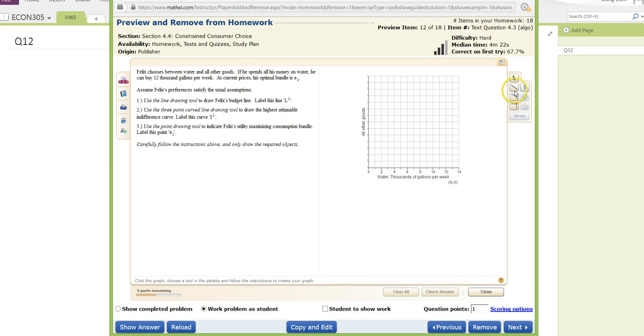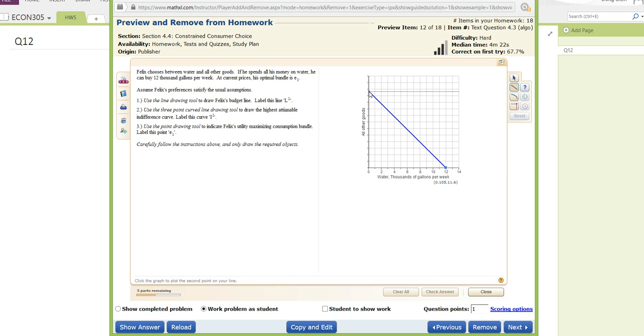So we can pinpoint that point first. And then if we also know the vertical axis, then we're done. We're just connecting these two dots.